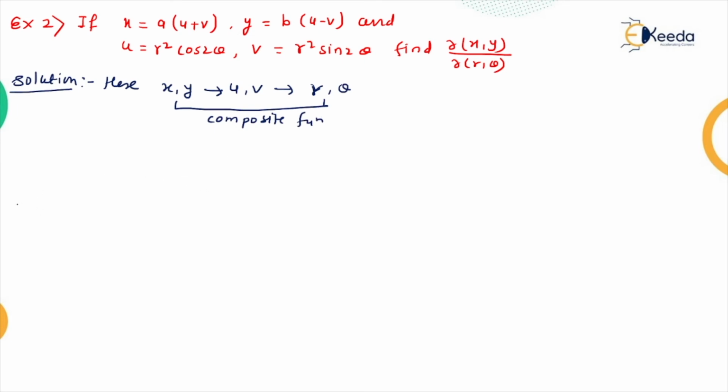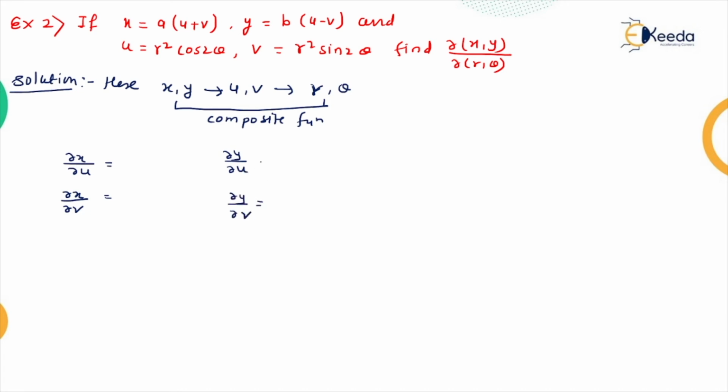By the definition of this composite function, you have to calculate ∂x/∂u, then ∂x/∂v. Similarly, you will have to calculate ∂y/∂u and ∂y/∂v.